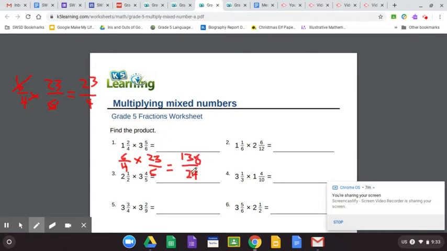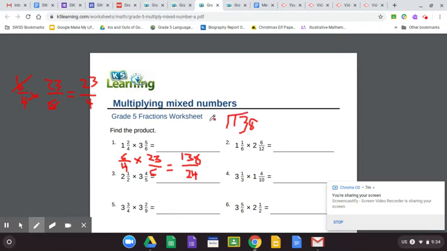So if I take this one, I do 138 divided by 24. You guys know I messed my numbers up. Sorry about that. So I'm going to do a division problem over here, 138 divided by 24.